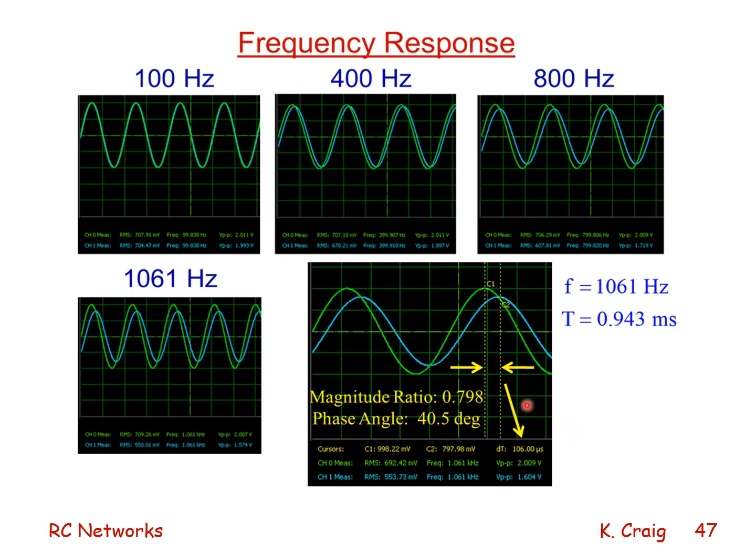Here I show the amplitude ratio to be 0.798 and the phase angle to be minus 40.5 degrees. So on these measurements, clearly something is incorrect.